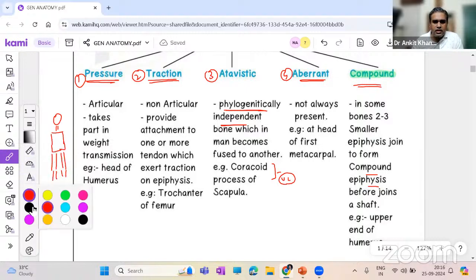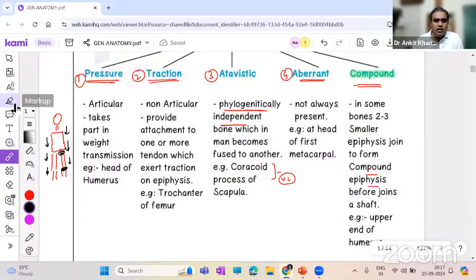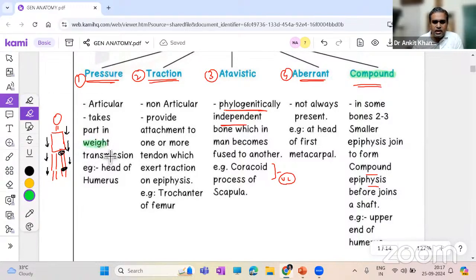Obviously the weight is going in this direction, right? So the epiphyses over here are being pressured, the weight is falling onto them, and they will develop pressure epiphysis. They take part in weight transmission, like the head of the femur. Similarly, the upper limb also helps in weight transmission.